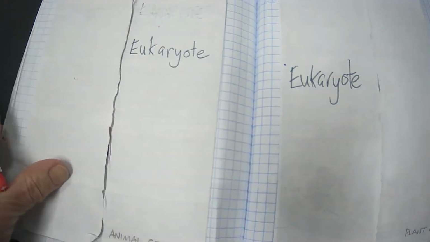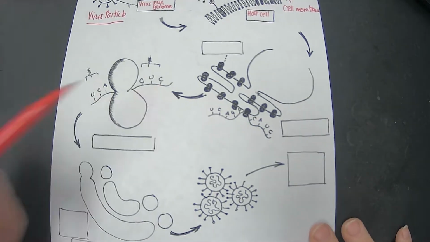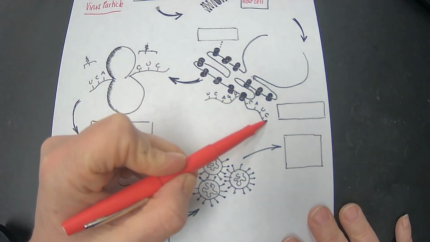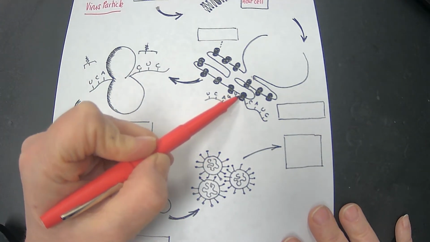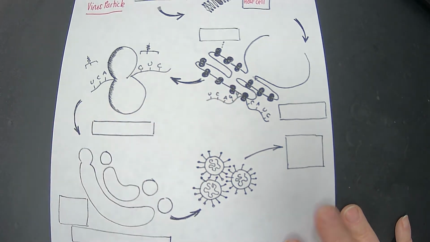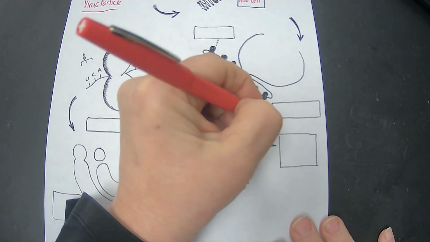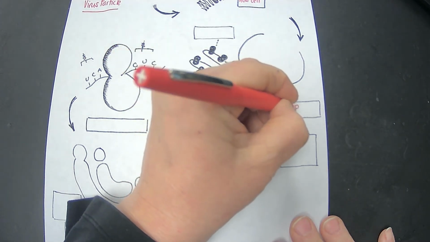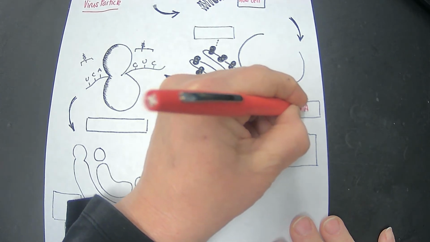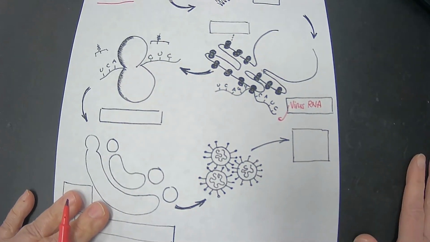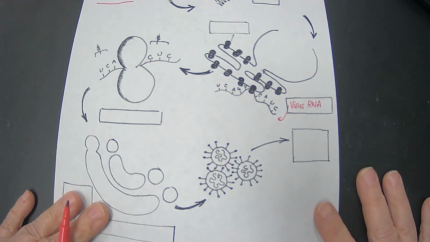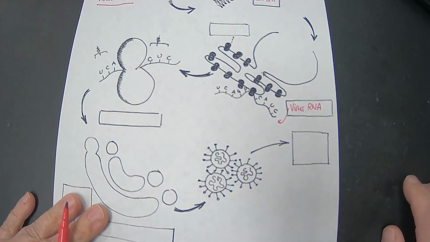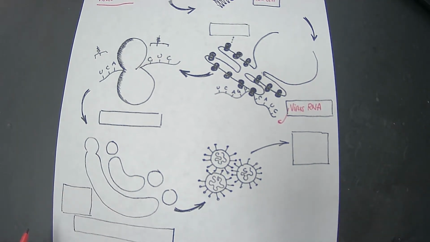Okay? So the virus RNA has attached itself to a ribosome. So right here, this is the virus RNA, and it's kind of like RNA viruses cut out transcription, because remember, transcription is the DNA opening up to make messenger RNA, which then leaves the nucleus and goes to the ribosome.